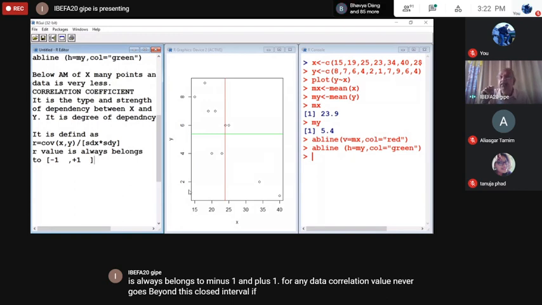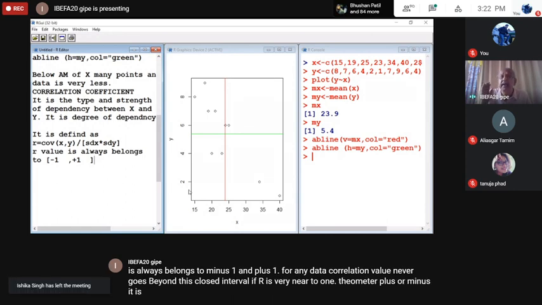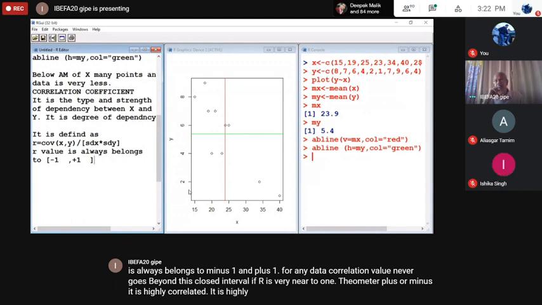If R is very near to 1, no matter plus or minus, it is highly correlated.